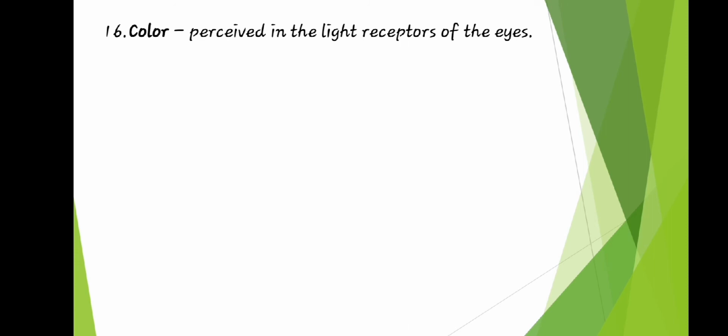Once you can identify something with a certain color, you can eventually know that you are having a physical property. Okay? If you have a question or clarification, you can visit our GC and ask a question. Okay, thank you. Now let's move forward to another slide.